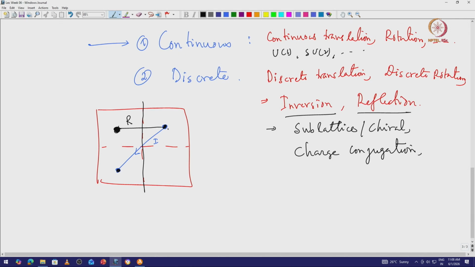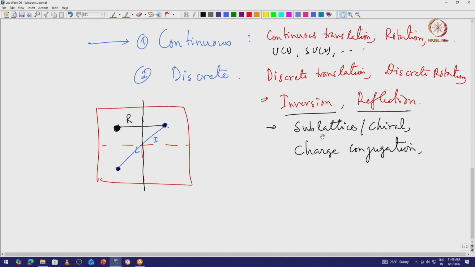We will talk in detail about this, but sublattice is, for example, we studied the graphene lattice. We have two sublattices A and B, and we wrote a Hamiltonian with A and B in the basis state. Then if you change A to B and B to A or minus A, if the Hamiltonian remains the same, then that is a sublattice symmetry.